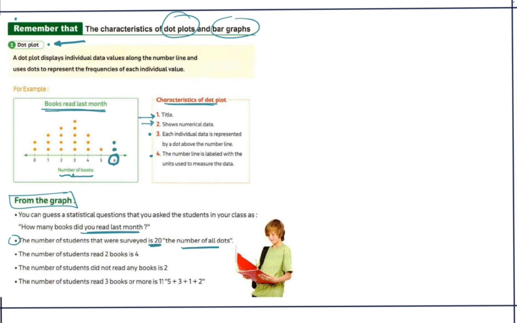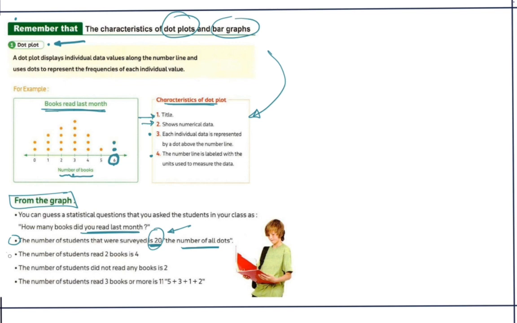I can answer information like the total number of students. I can count these dots. You find it 20. So there are 20 students surveyed in this statistical data.